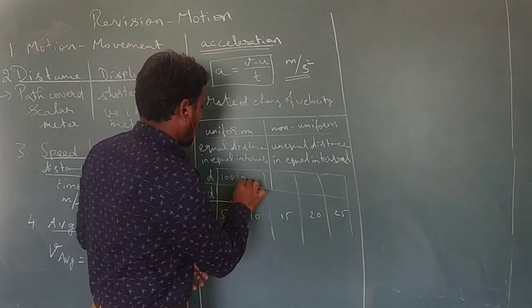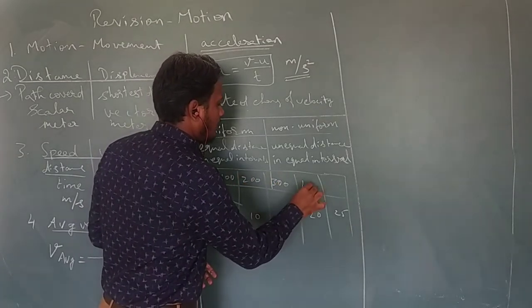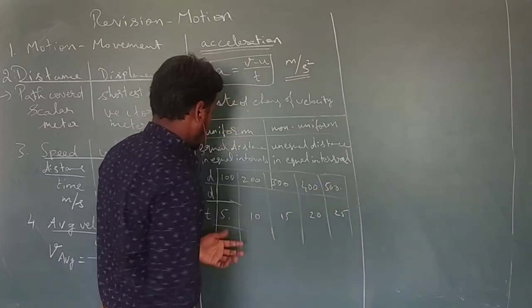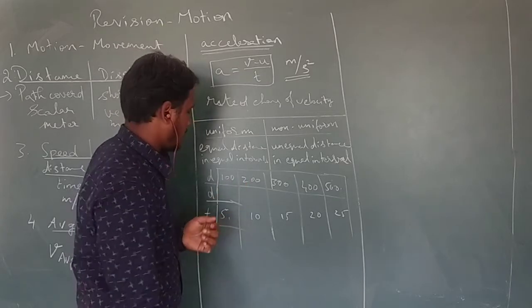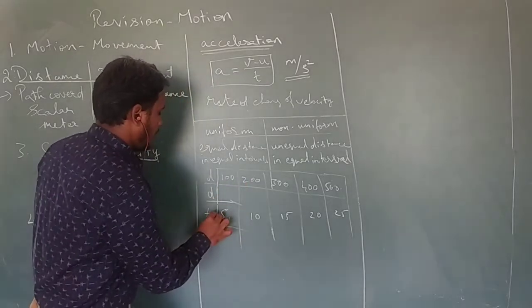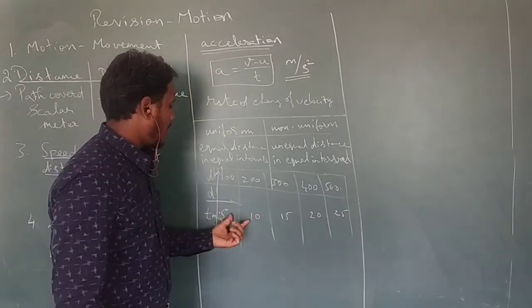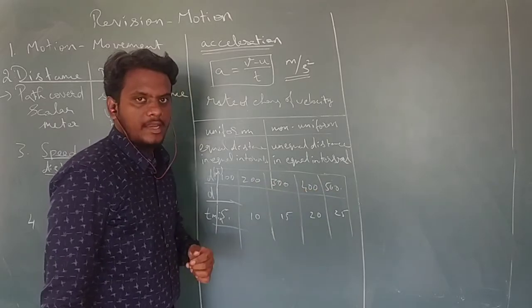In 10 minutes, it has moved 200 meters. In 15 minutes, 300 meters. In 20 minutes, 400 meters. And in 25 minutes, 500 meters. So for every 5 minutes, the object has moved 100 meters, equally in all the intervals.